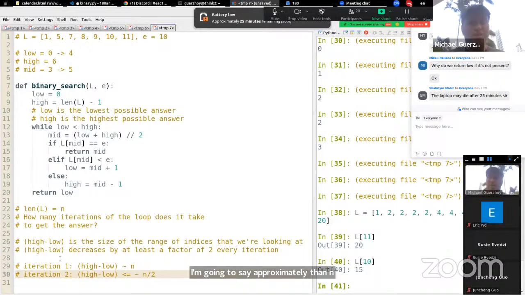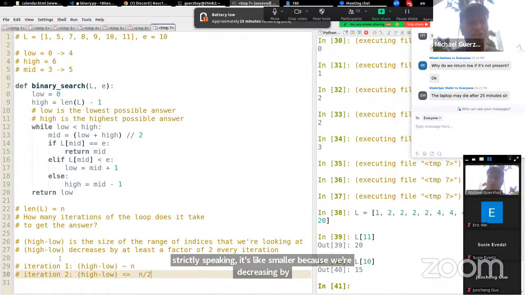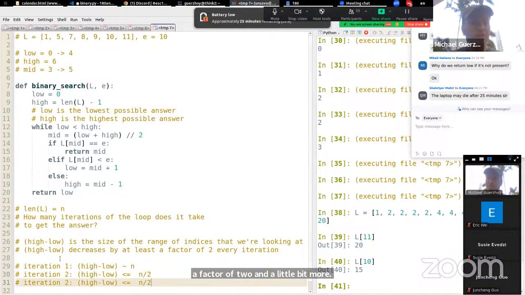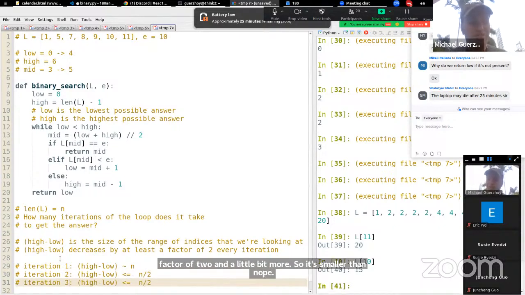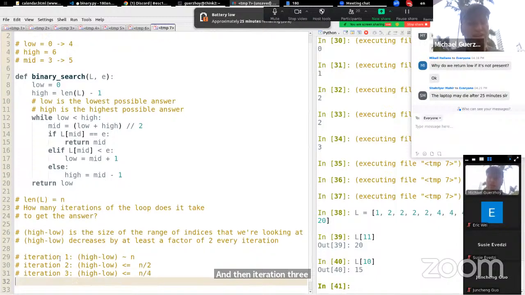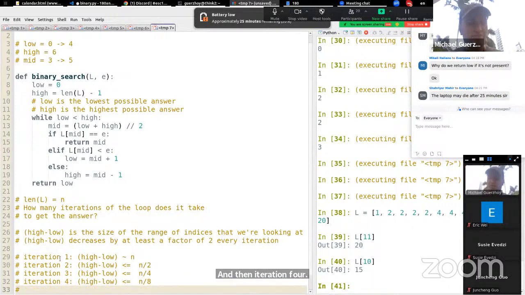So strictly speaking, it's smaller or equal, because we're decreasing by a factor of 2 and a little bit more. And then iteration 3, it's smaller or equal than n over 4. And then iteration 4, it's smaller or equal than n over 8. And so on.